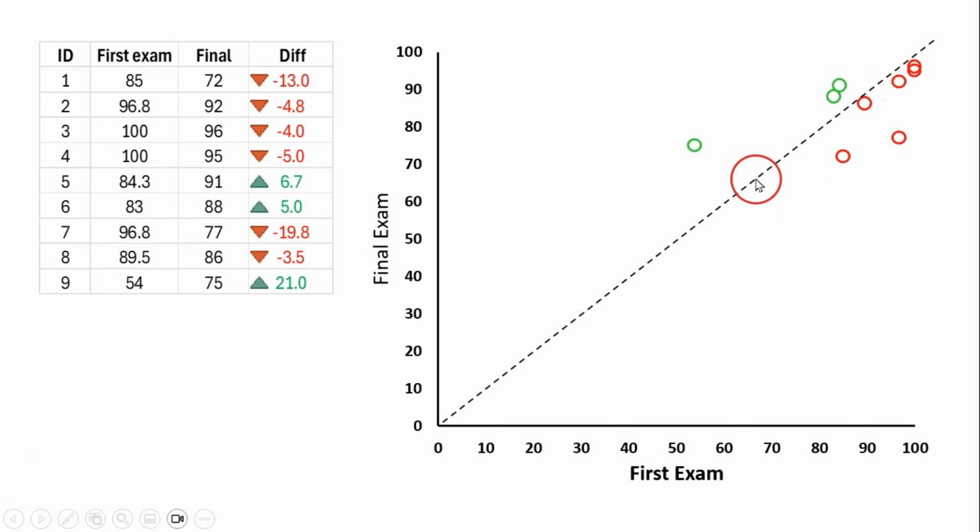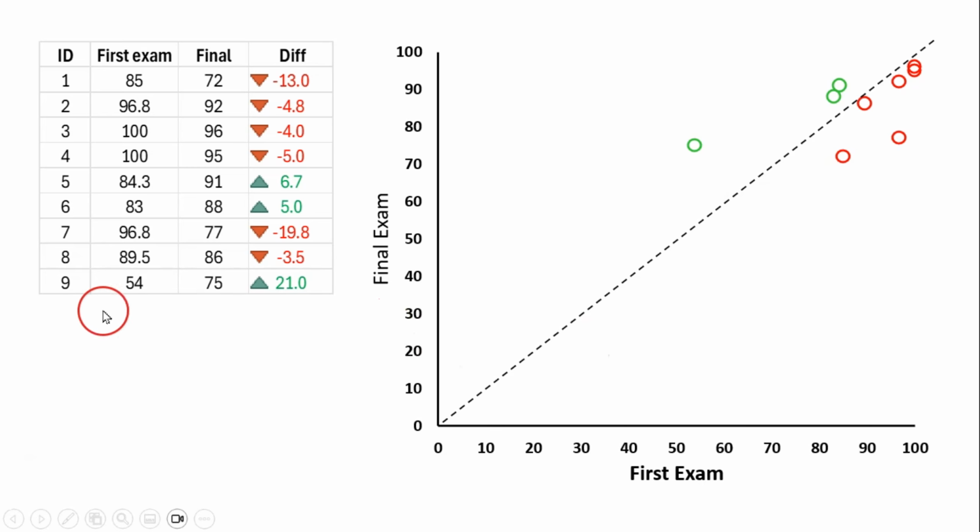They're above the line of identity, meaning whatever the score was for the first exam, the final was higher than that score. Hence, those values are above the line of identity. And likewise, for the other ones that are in red, this is a case where compared to the first exam, the final exam is lower than the first exam. So we would expect those values to be below the line of identity, as you see here. So this is just a way to kind of look at it.